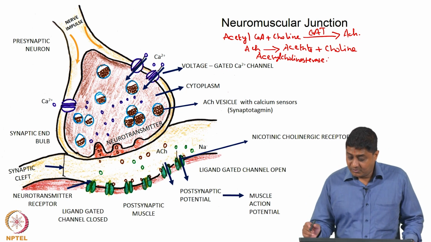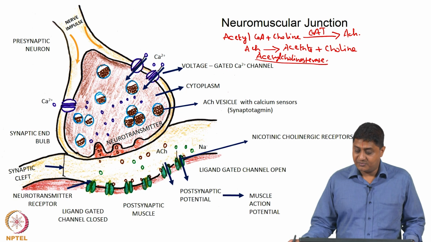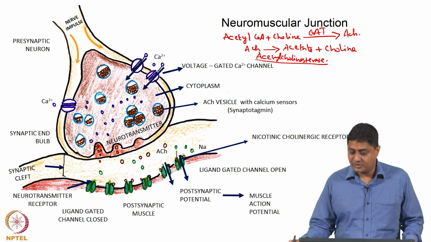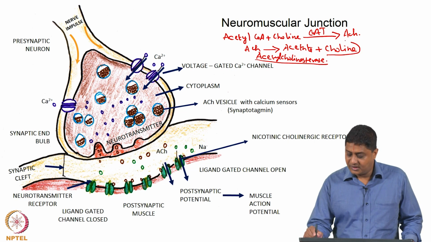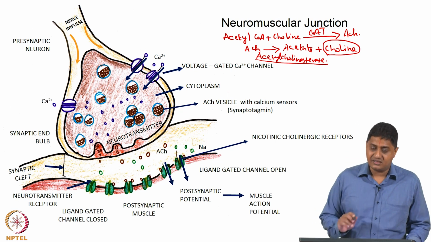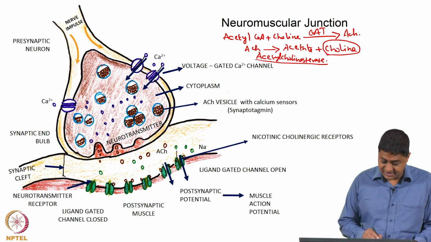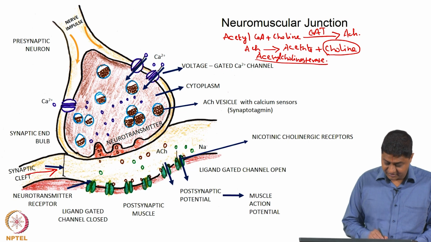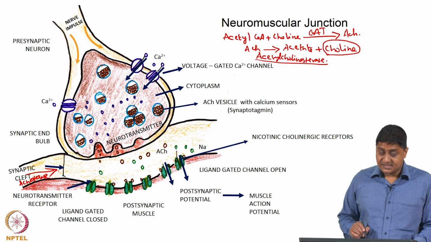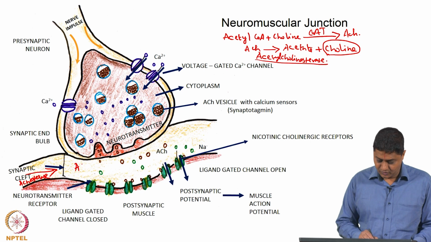Also remember that when acetylcholine esterase breaks acetylcholine into acetate and choline, part of this choline is reuptaken back into the presynaptic terminal. So, where is acetylcholine esterase acting? At the synaptic cleft, where it breaks acetylcholine into choline plus acetate.